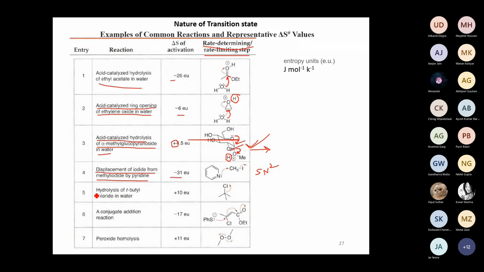What about the fifth one? The fifth one is an example of an SN1 type of reaction: hydrolysis of t-butyl chloride in water. So this is the rate determining step, where first the carbocation formation occurs. The carbon-Cl bond is being cleaved and forms the carbocation. If this is the rate determining step, then what will be the del S?